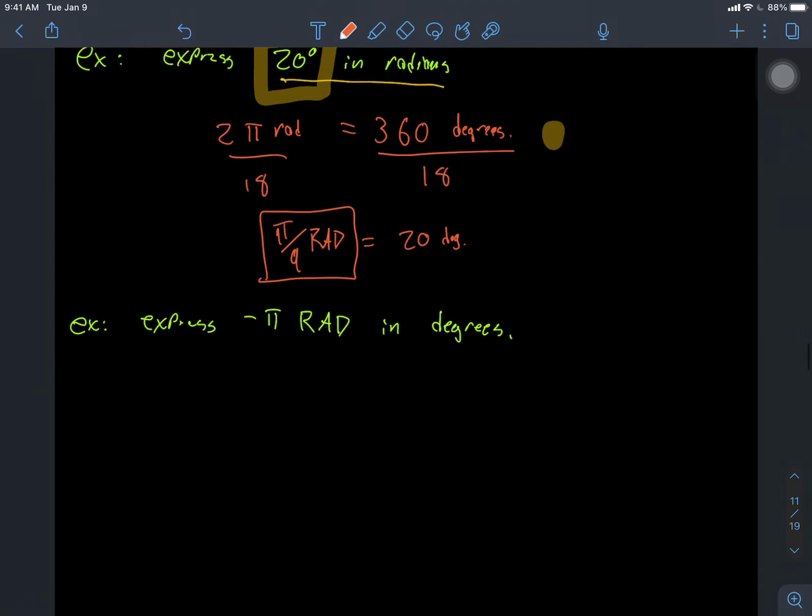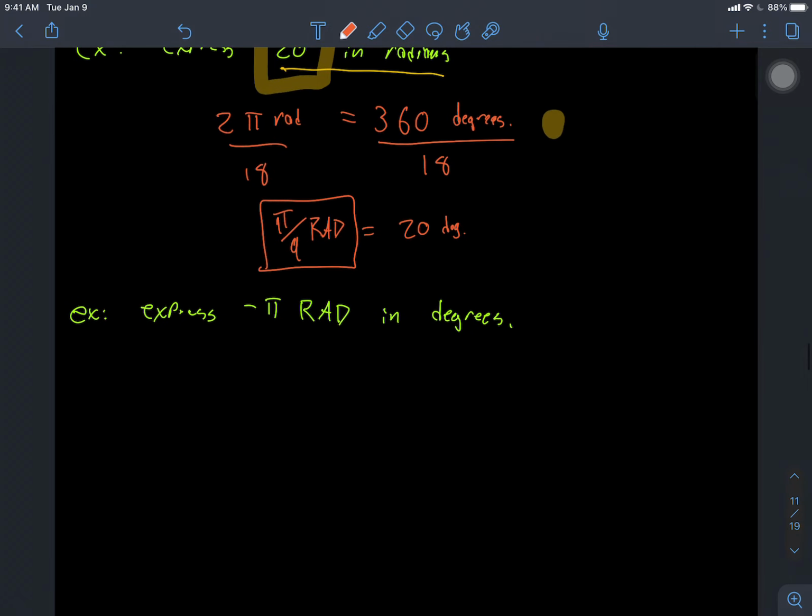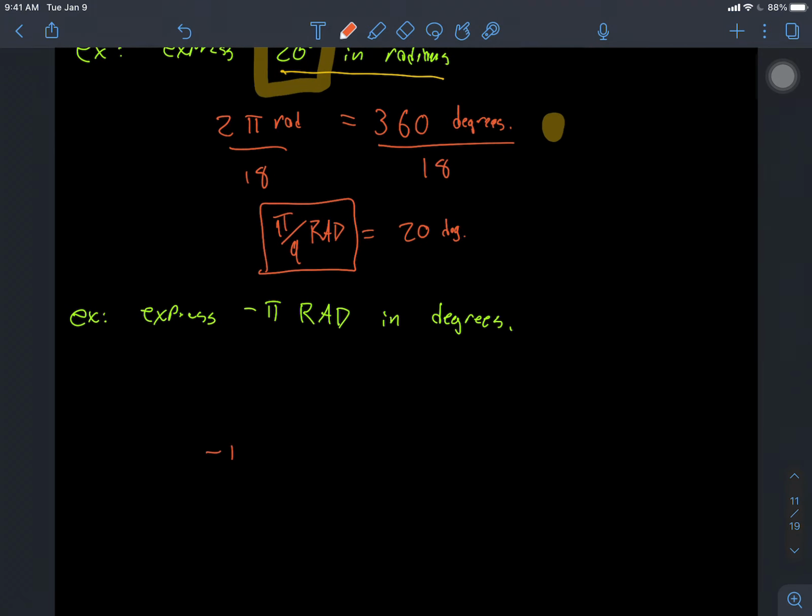So that's my answer: pi over 9 radians is equal to 20 degrees. Okay, and it's not so hard to go the other direction either, if we start with negative pi radians. We just write down our equation, 2 pi rad equals 360 degrees. And we're going to manipulate these equations until I get negative pi rad on the left-hand side, and then I'll check what's on the right-hand side.